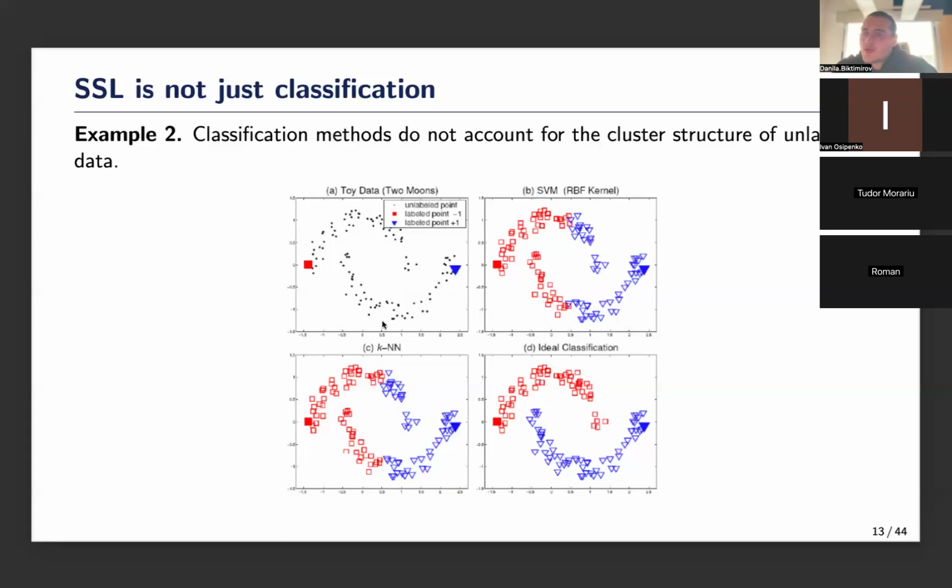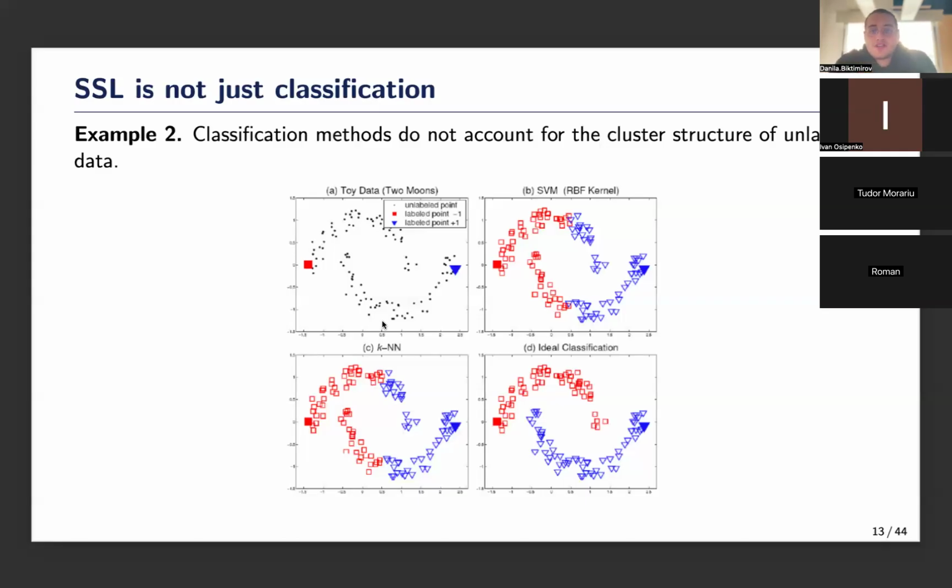However, if we approach the problem using clustering, we can first identify the two natural clusters of the data based on this structure. Once the clusters are detected, even with just one labeled point per cluster, we can assign labels to the entire dataset.